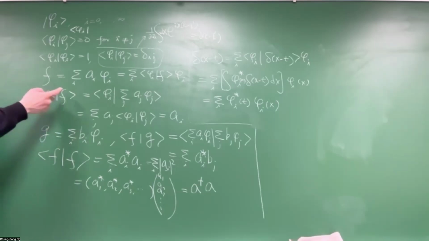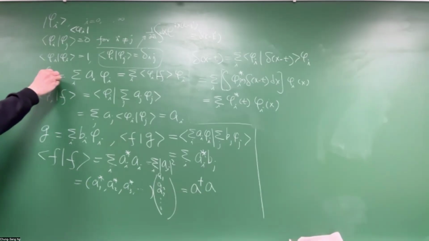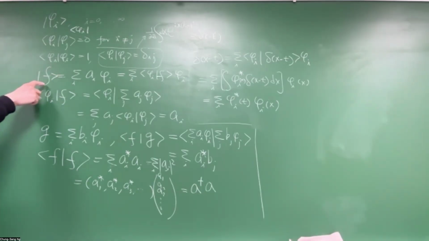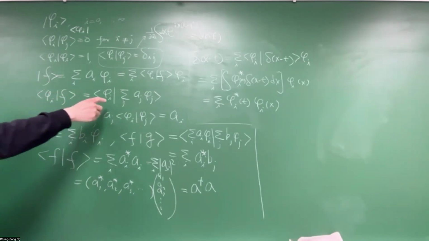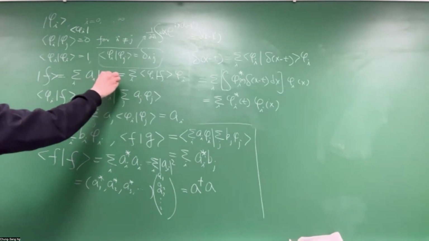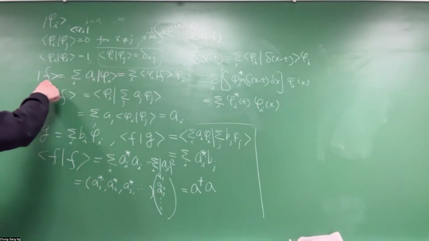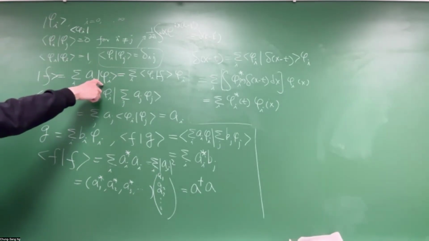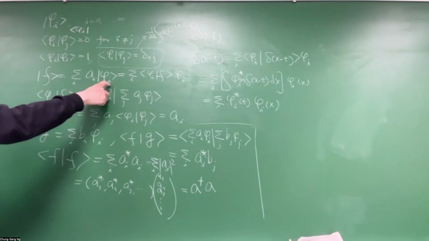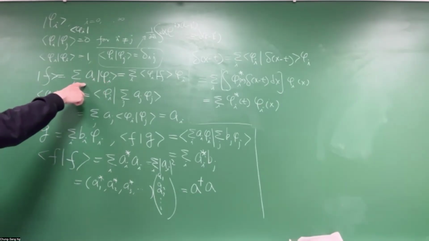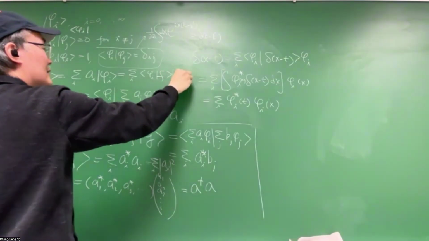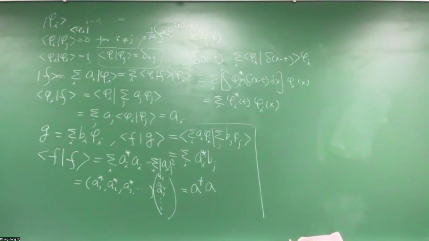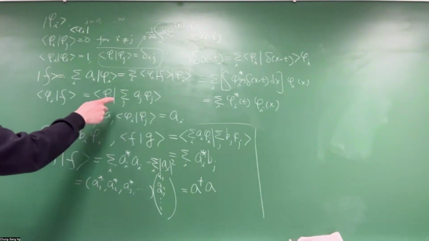And now any function in the vector space, you can also expand the ket vector of that function like that. So instead of expanding with phi i, you use all these ket bases, right? And all these are fine.